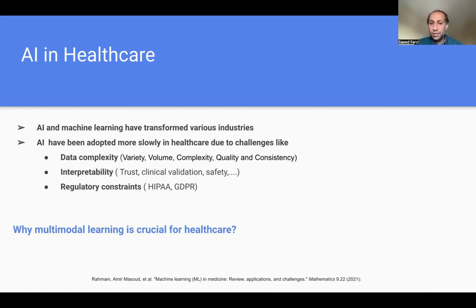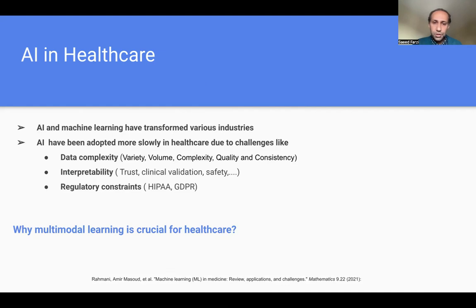Trust, clinical validation, and safety are very, very important. And regulatory constraints. We know there are lots of regulations in countries and continents, like the European Union.